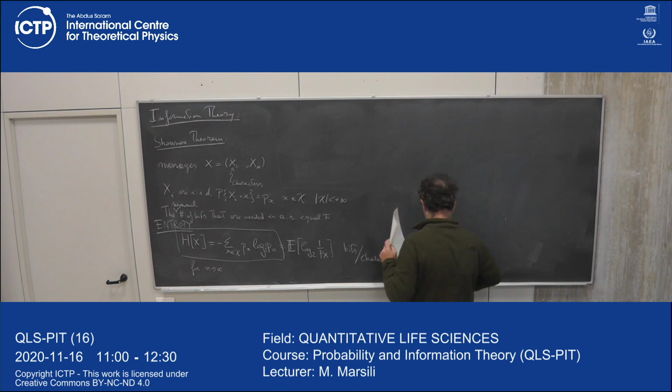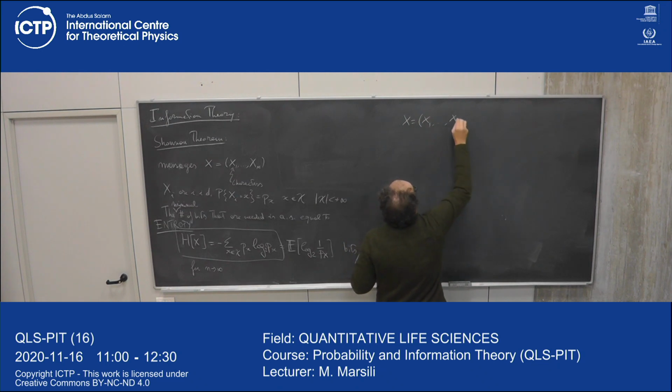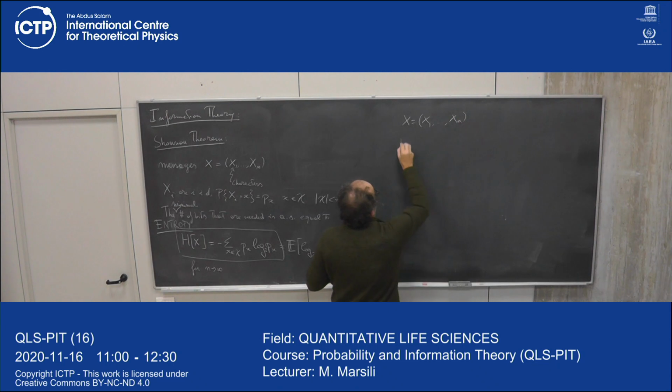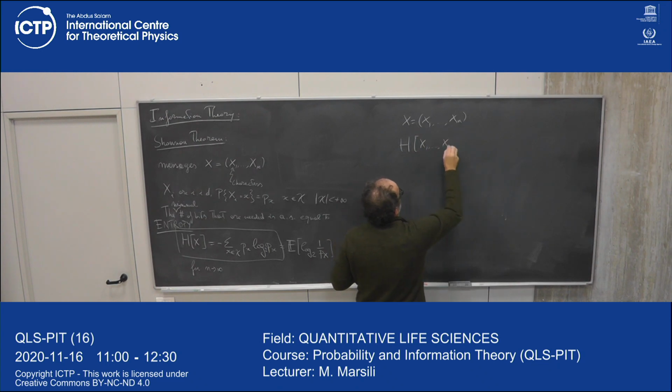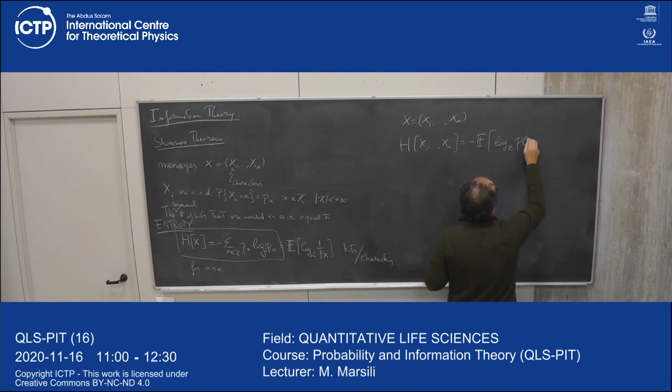Of course, if you have a random variable which is a vector of random variables, then you can define the joint entropy, which is just minus the expected value of log base 2 of the probability of the random variables x1, ..., xn.